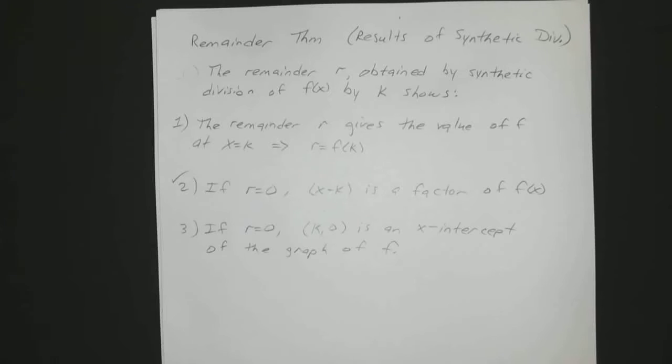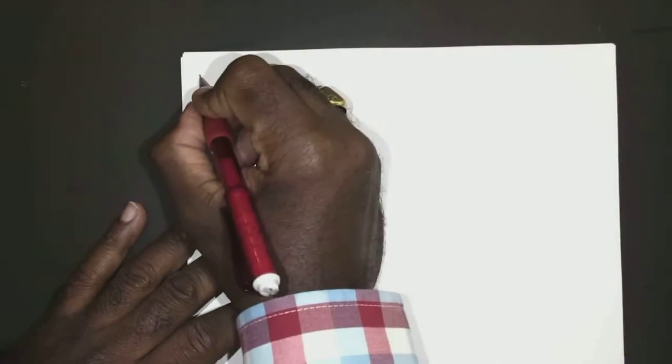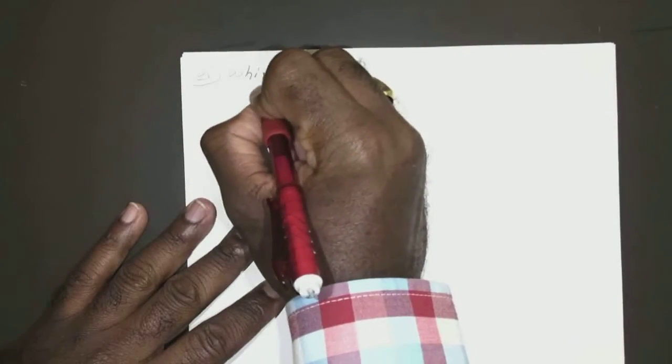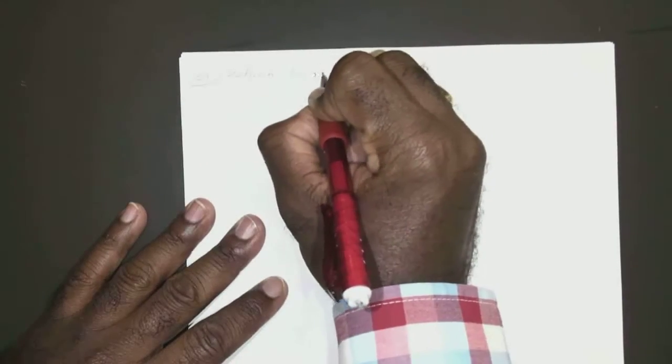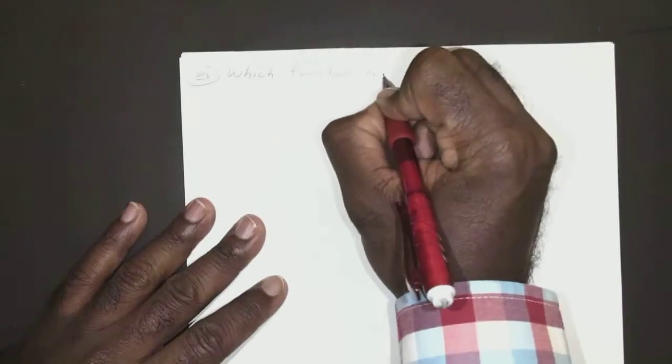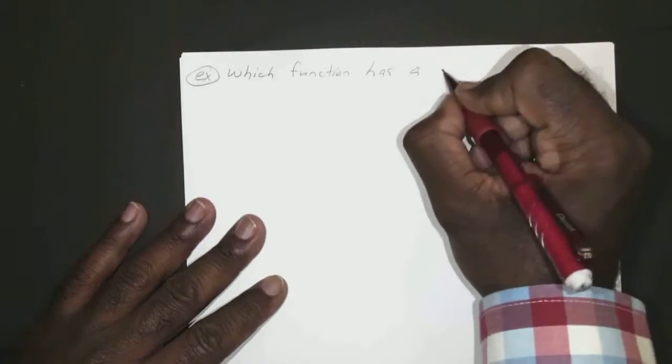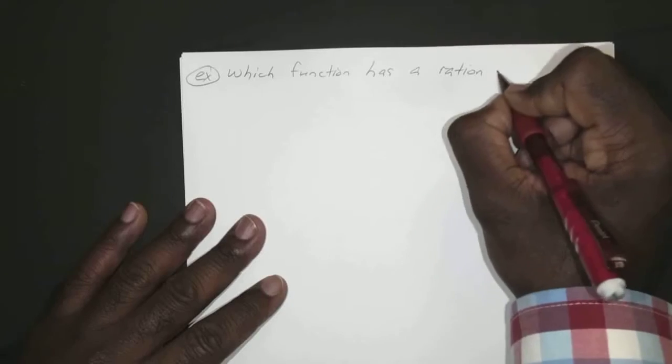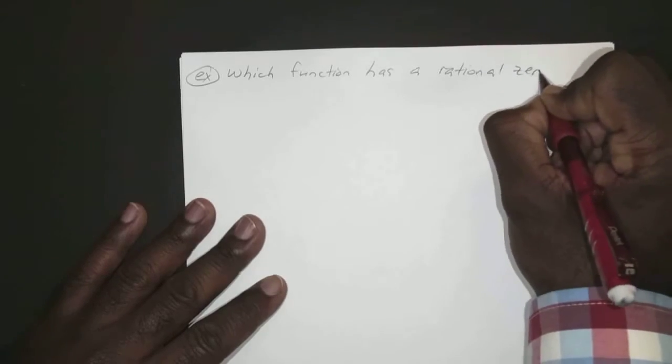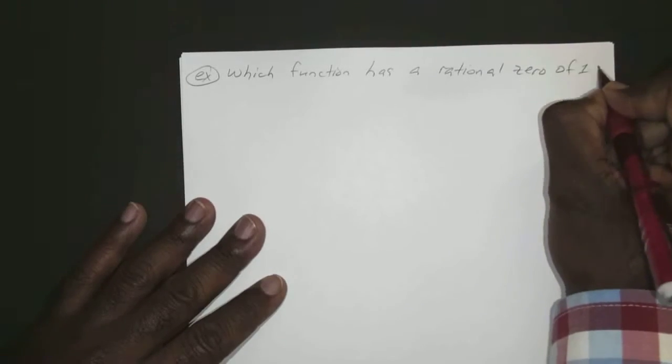All right, so let's do a couple of examples. Okay, so for example, which function has a rational 0 of 10?